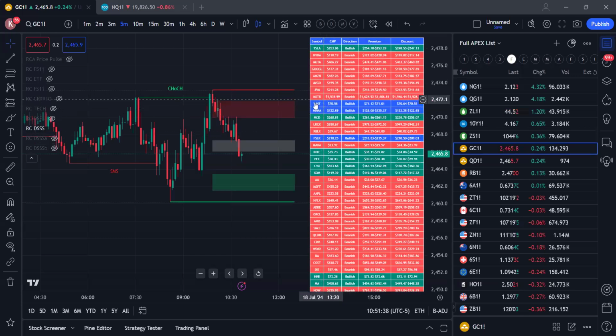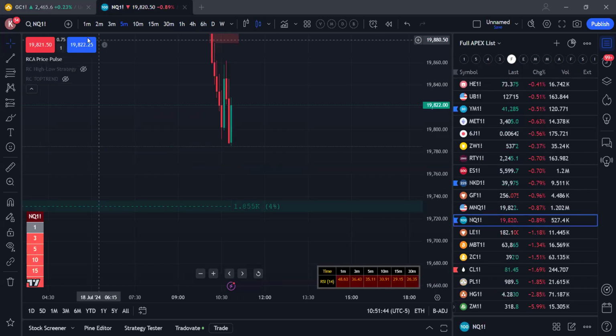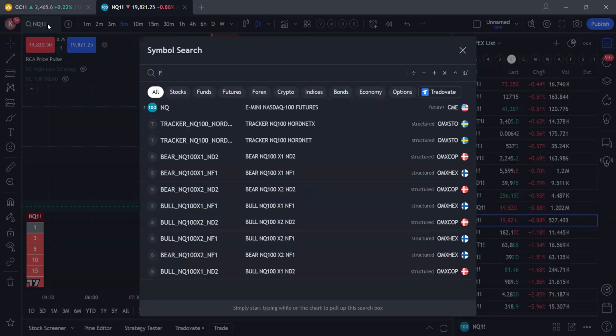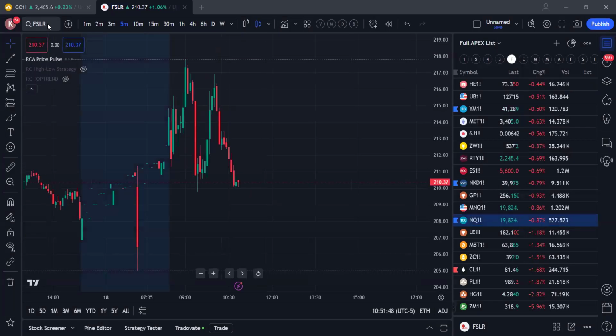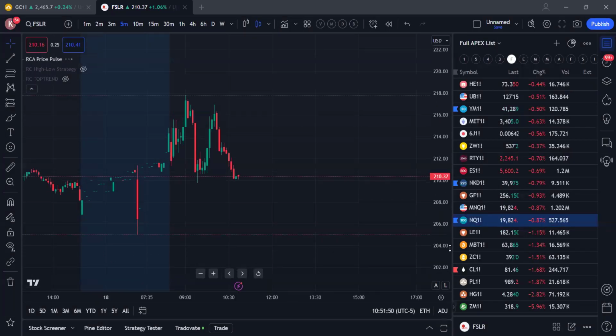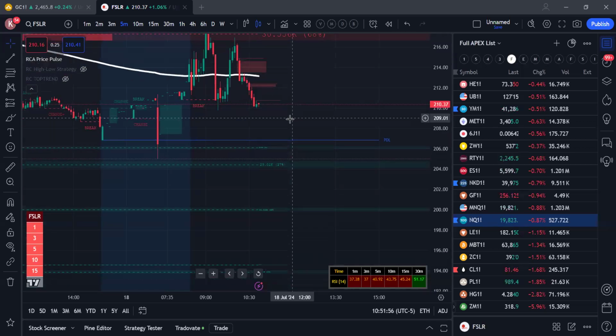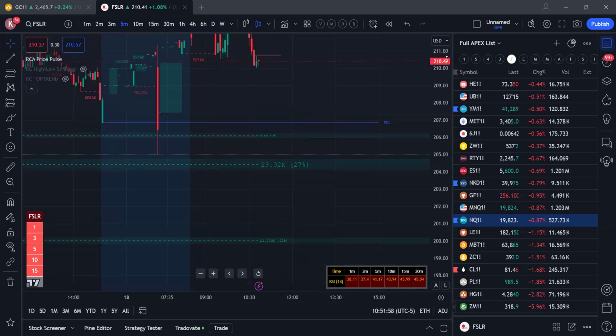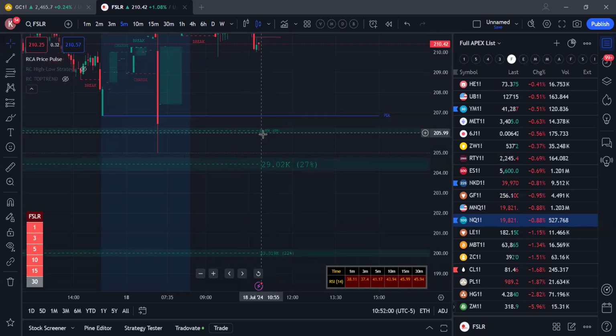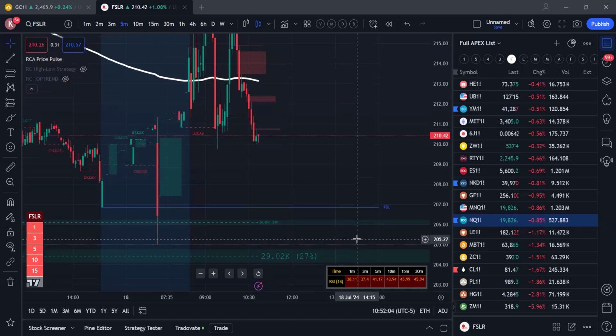okay, FSLR, Walmart, mRNA. Then there is no major buy order block until price comes here or here. That is a good opportunity.